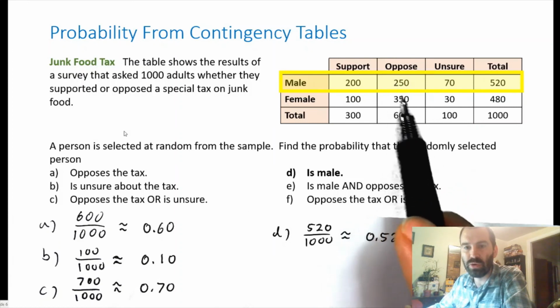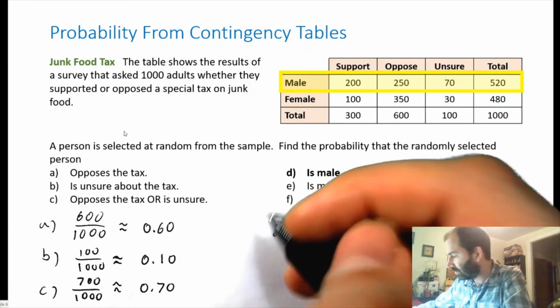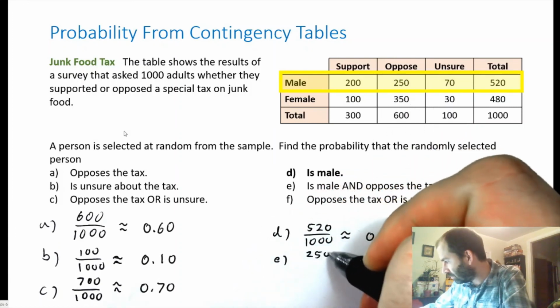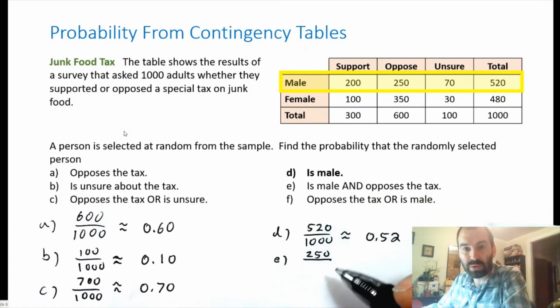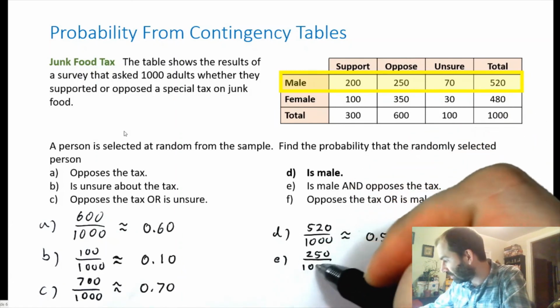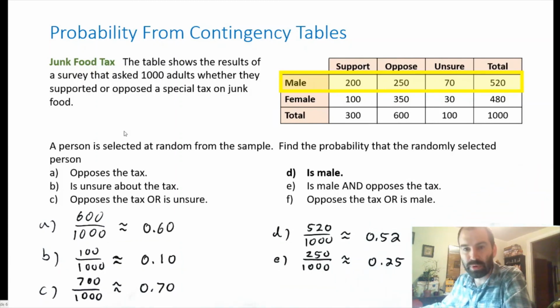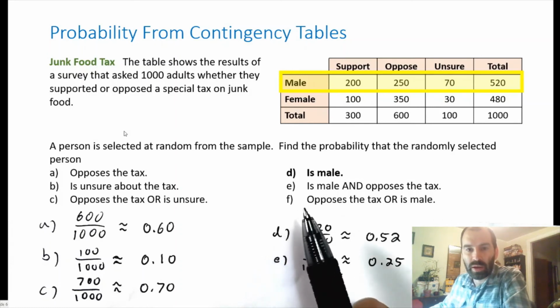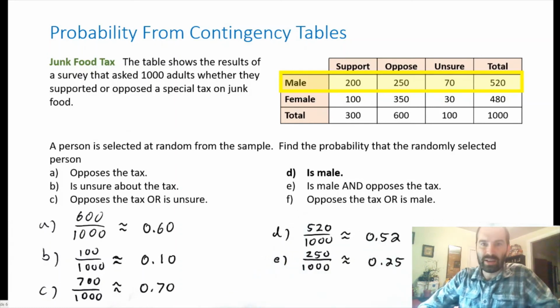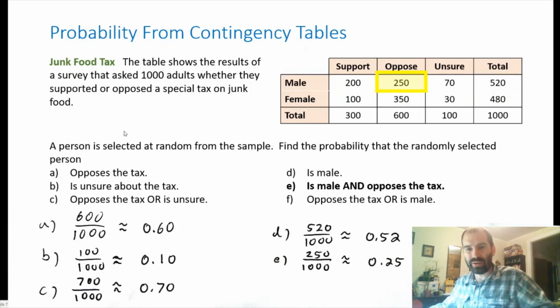They're one of 250 people, out of how many total people? 1,000. The probability is 0.25. It's just that group right there. So "and" is going to be the intersection of the row and the column.